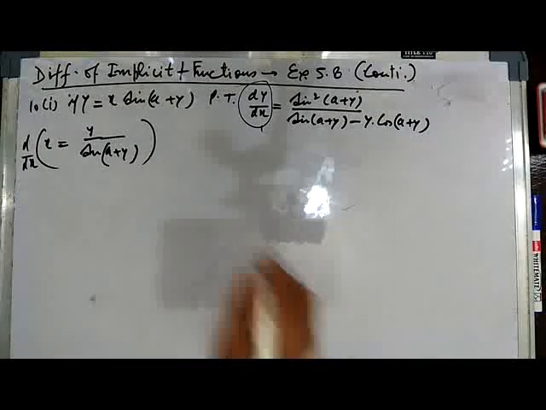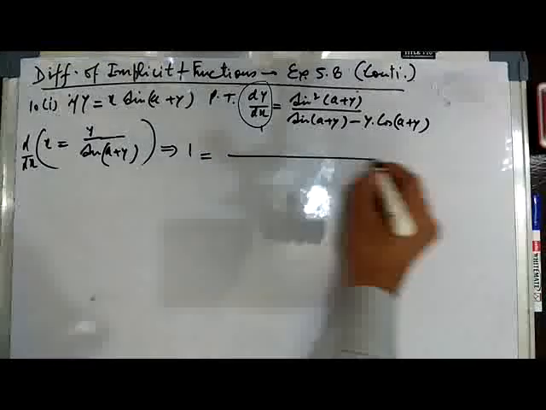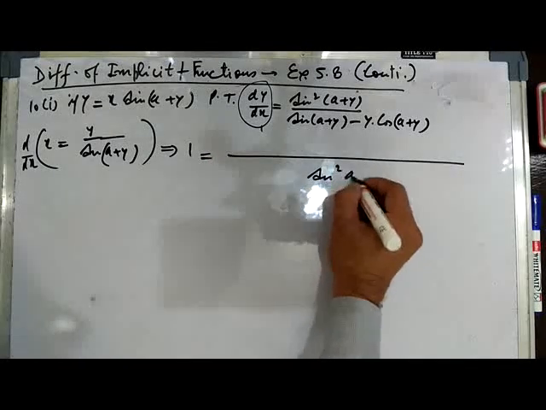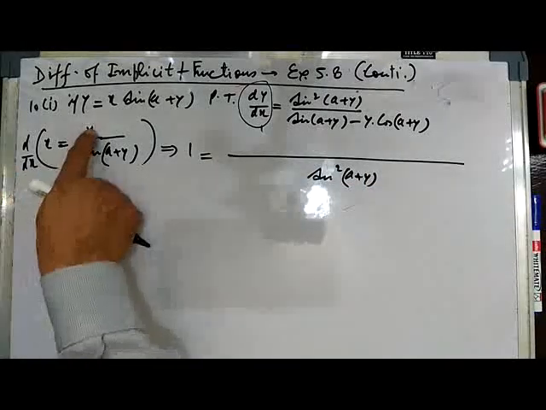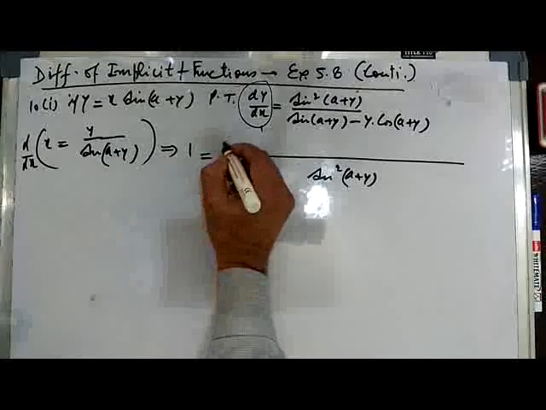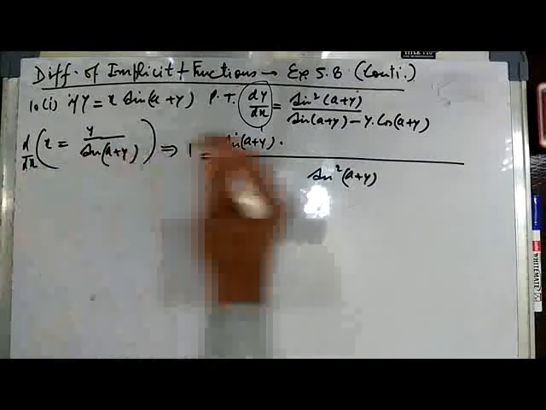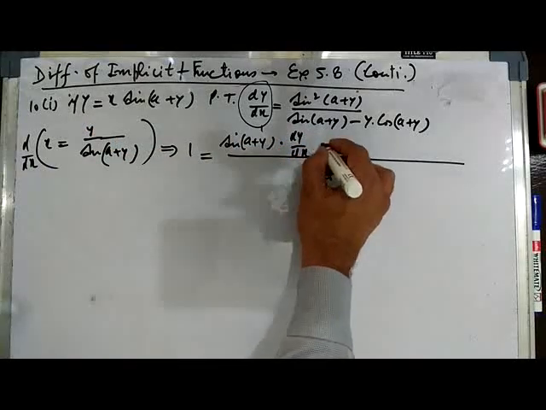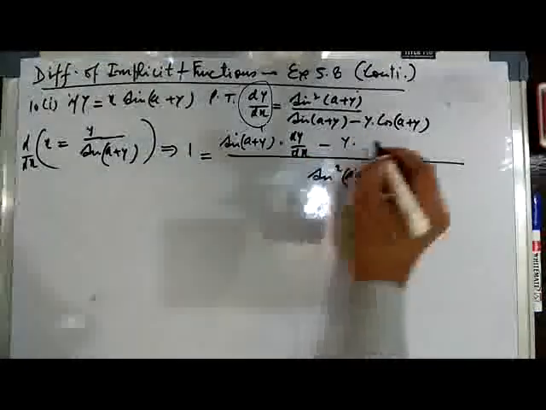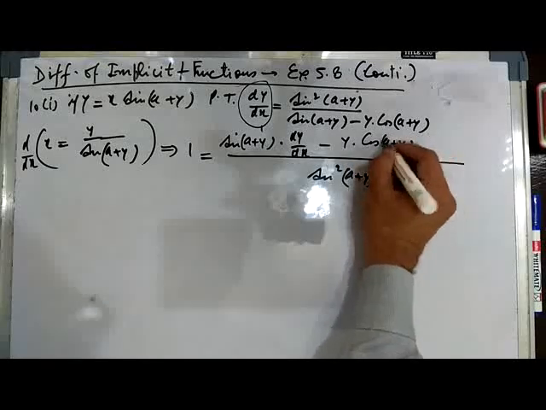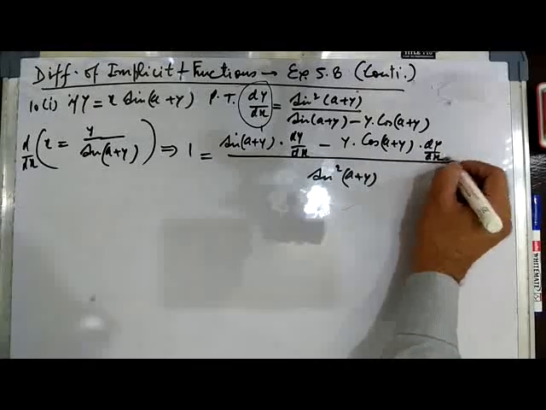So what happens here? Here the differential of x with respect to x is 1. Here we have a quotient rule, sin squared(a plus y). Now remember, differentiation is taking place with respect to x, and here the terms of y are there. So denominator function, and the differential of y with respect to x is dy/dx, minus y times the differential of sin(a plus y), which is cos(a plus y), and then you go inside and it becomes dy/dx.